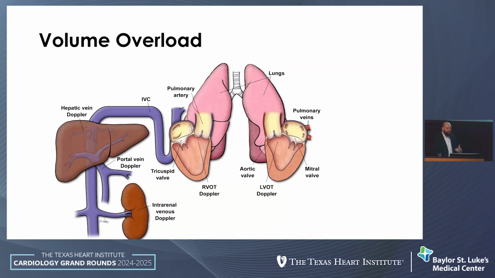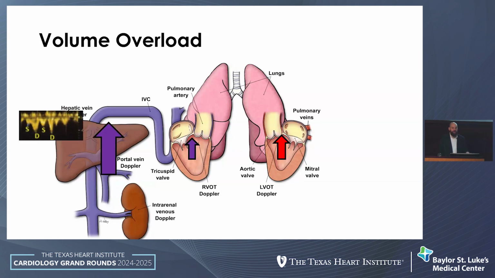Volume overload is another distinct phenotype. This is the septic patient who got 20 liters overnight. But they have very competent valves and they have preserved biventricular function. Because of that, you don't really have a stark increase in the left-sided filling pressures. The right-sided filling pressures aren't that high, just mildly abnormal. But you will notice a big abnormality in the hepatic veins.